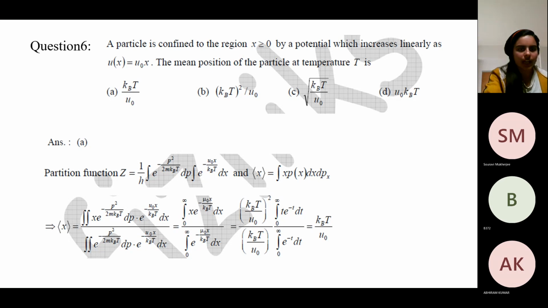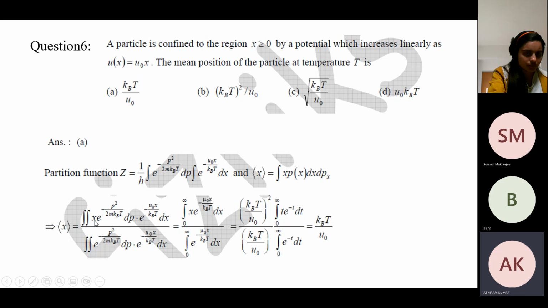So suppose you were asked to find the mean variance. So what do you do then? You have to find x square also, right?